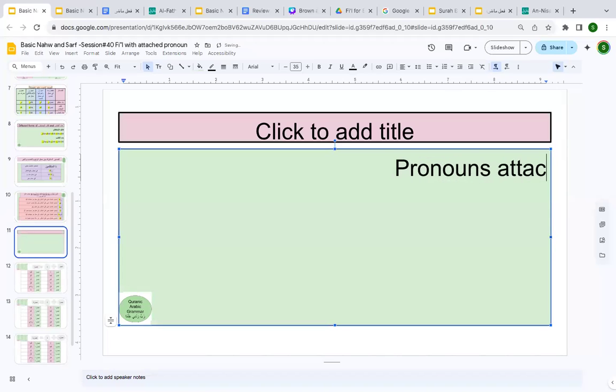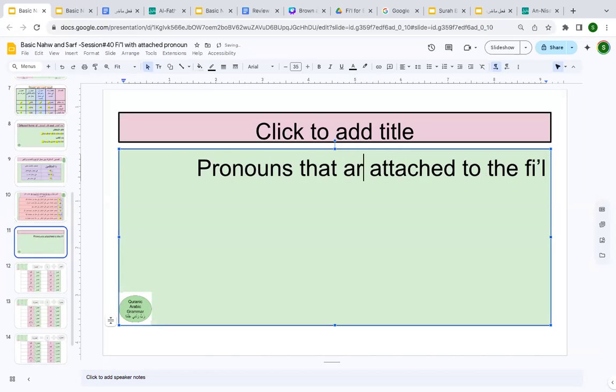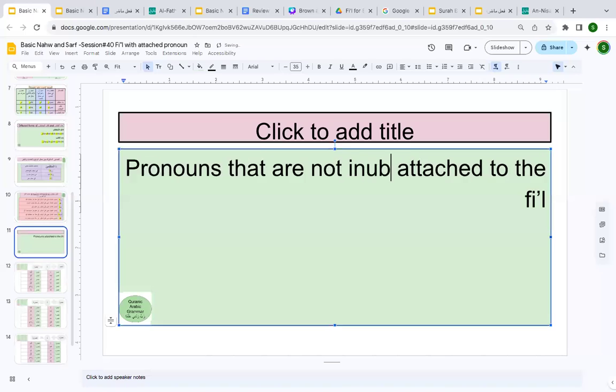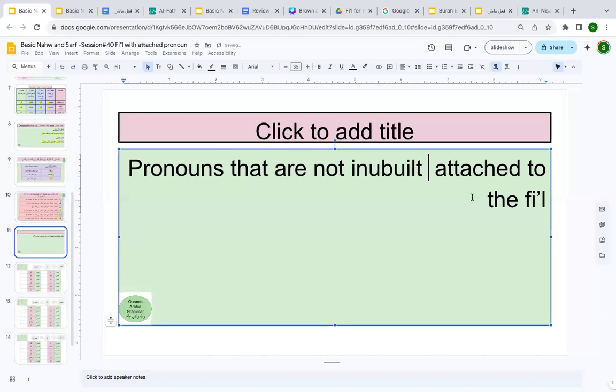Pronouns attached to the fail are nasb in status.